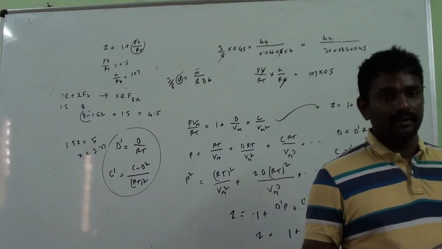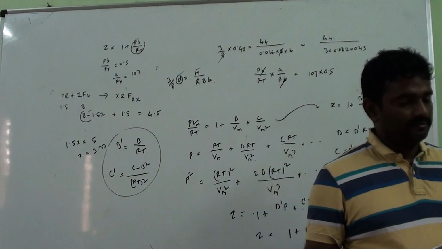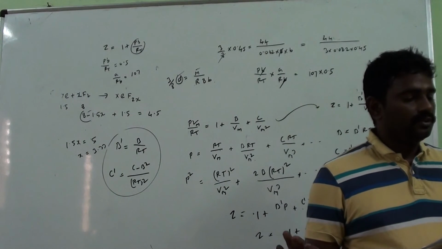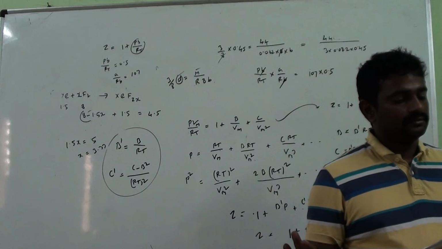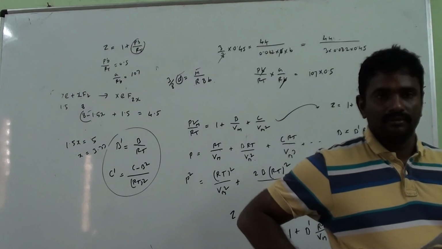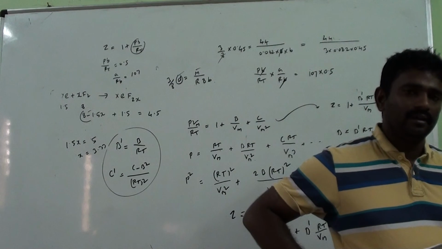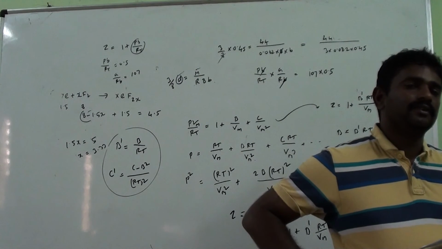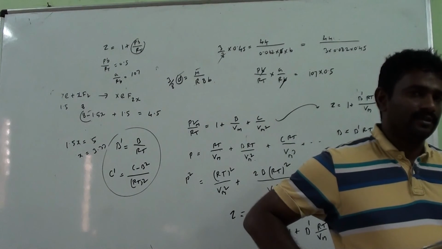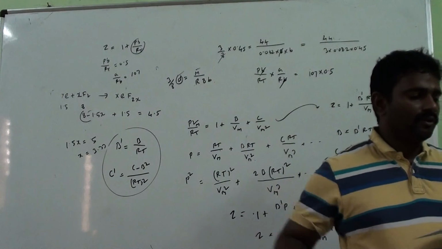Here V is the square root of 8RT by pi m. That is compared to mean square speed. Root mean square, you know: VRMS squared. We can take mean square directly. Both are not equal. Mean square speed is not equal.